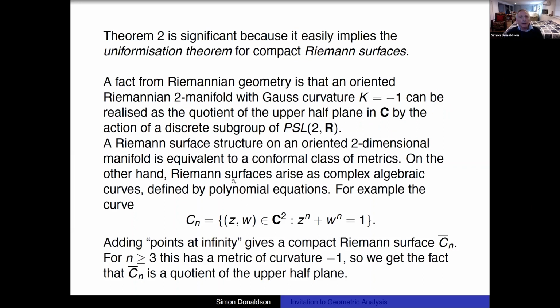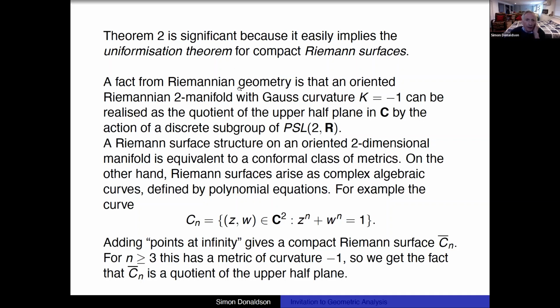So you might think, why is it important that we know we can choose these metrics of constant Gauss curvature? It's important because of some easy arguments one can deduce. It's called the uniformization theorem in the case of compact Riemann surfaces.